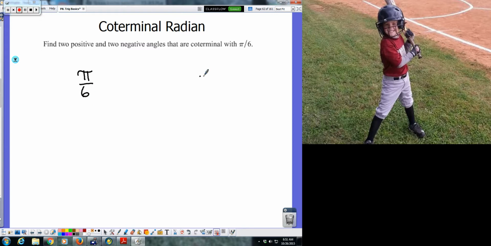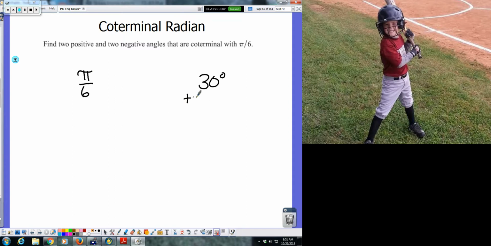Okay, when we were dealing with 30 degrees, which is the same thing as pi over 6, how did we find coterminal angles? What did you add to the 30 degrees to give me coterminals, or what did you take away from 30 to give you a coterminal angle? A full rotation, 360.